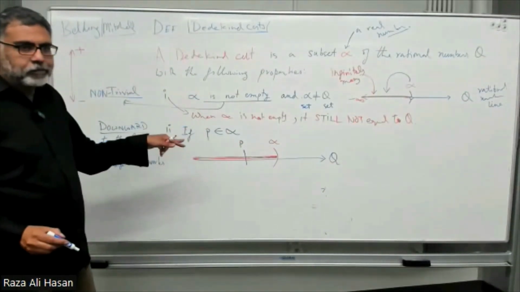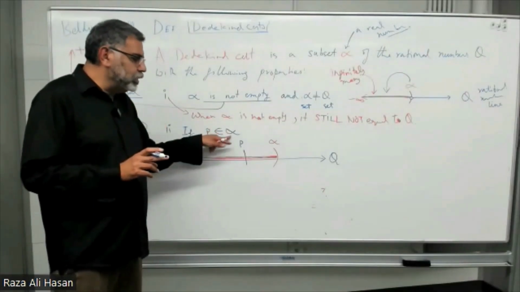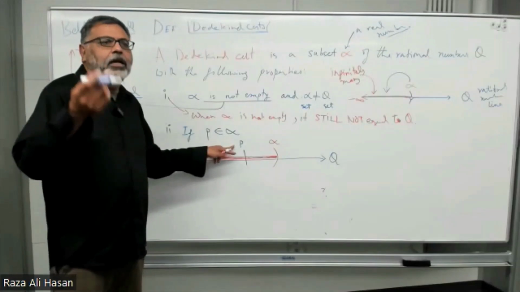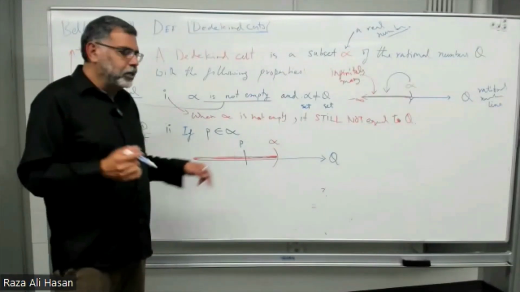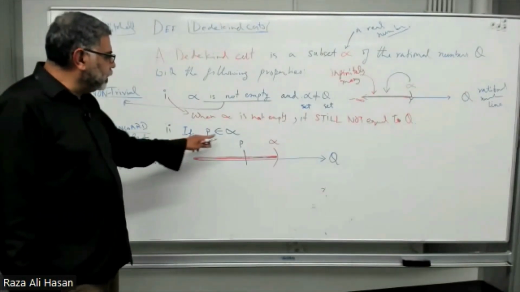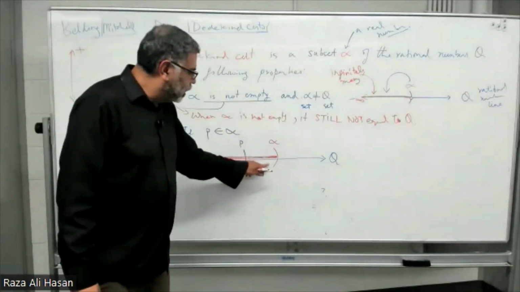So if P is in alpha, it has to be here, it can't be here.